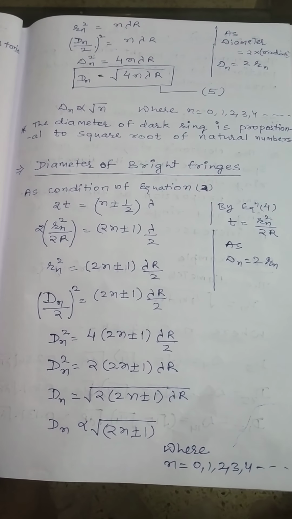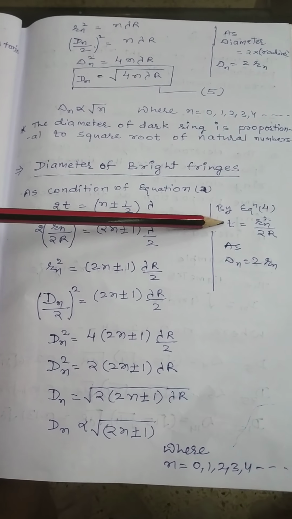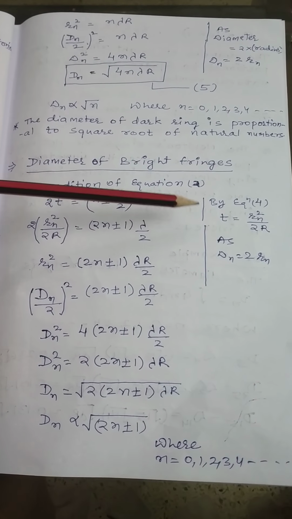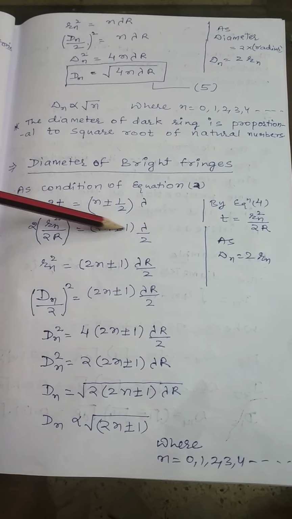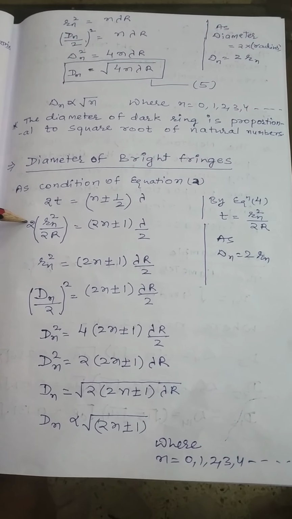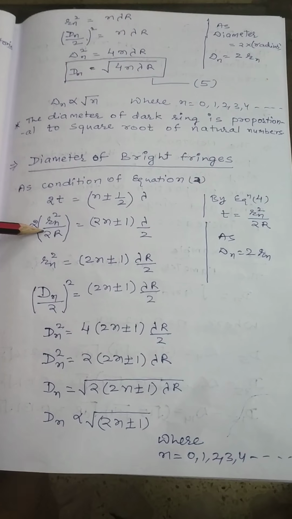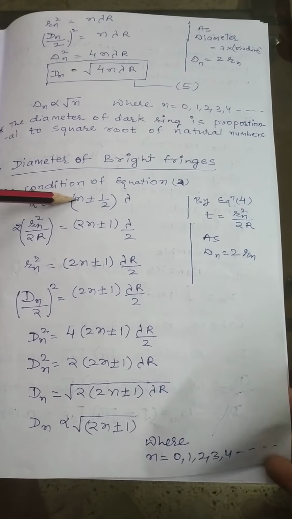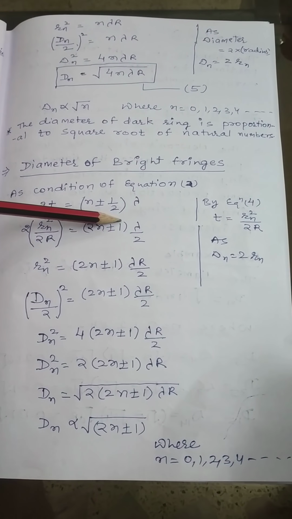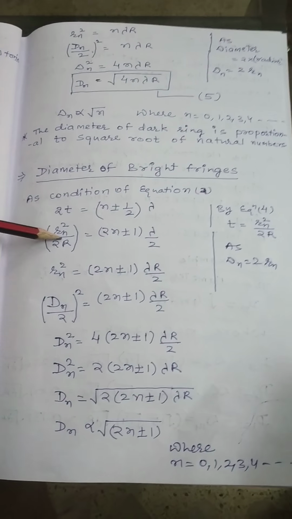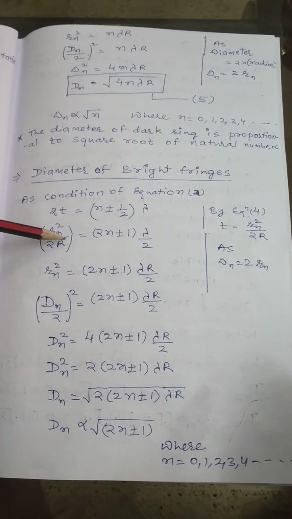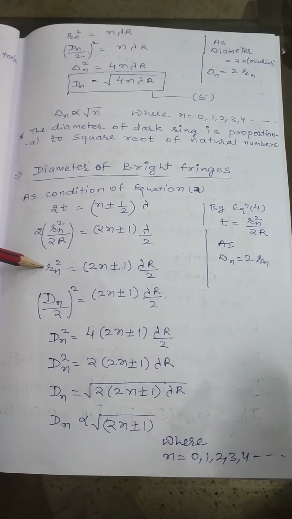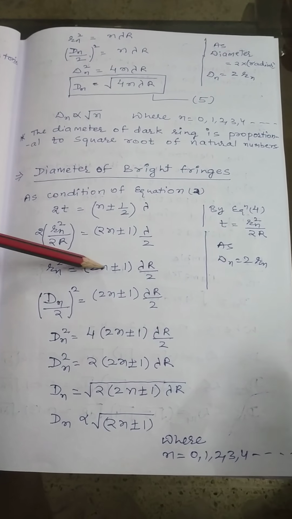When we put the value of t from this equation, and cancel out 2 and 2, we can say that rn square is equal to (2n plus minus 1) lambda by 2, and this R is transferred to this position. Then rn square is equal to (2n plus minus 1) lambda R by 2.